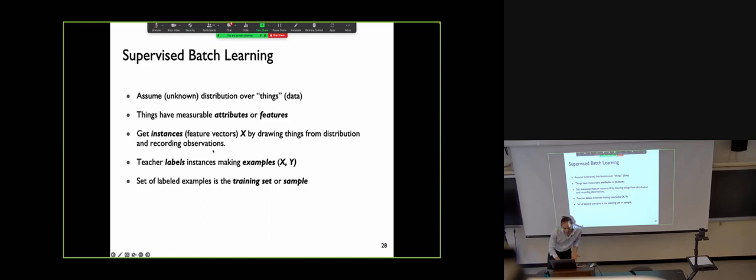The instances are again drawn from the unknown distribution that we're trying to learn. The attributes or features, along with the labels, are called the training set or the sample. This is the set that you use to train the model.